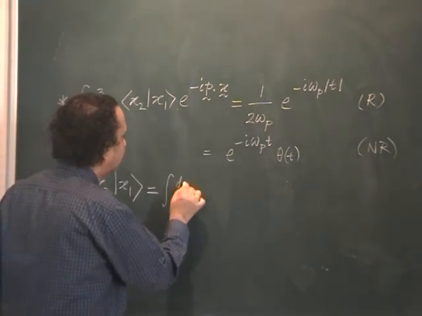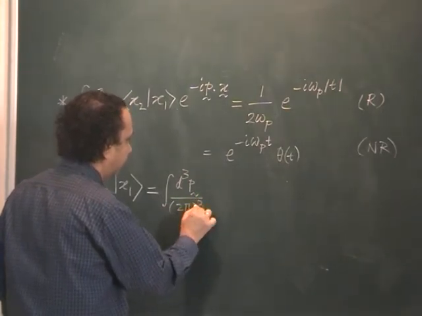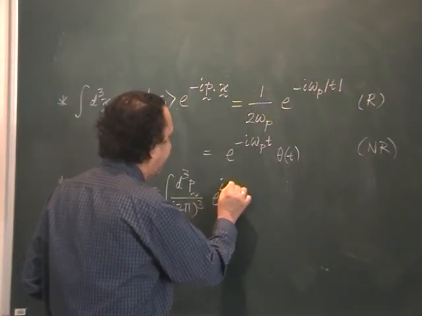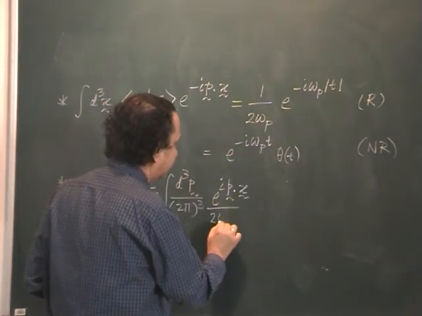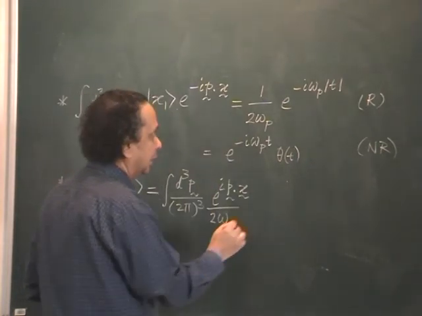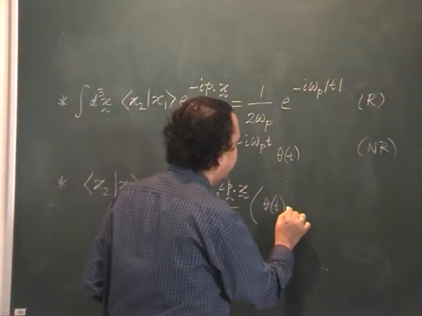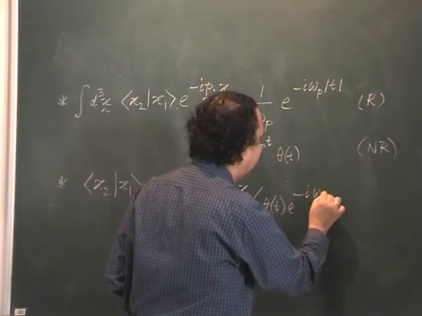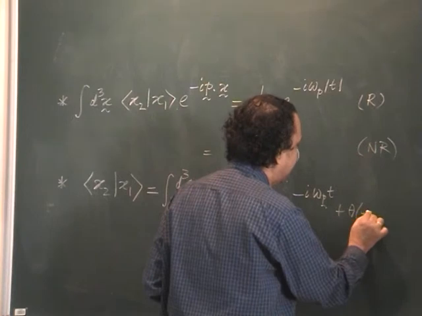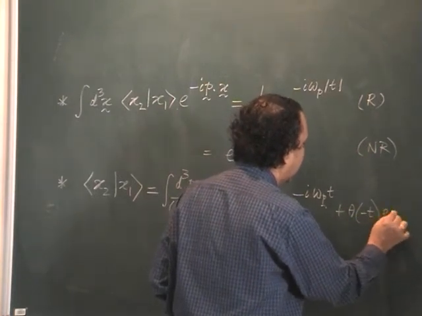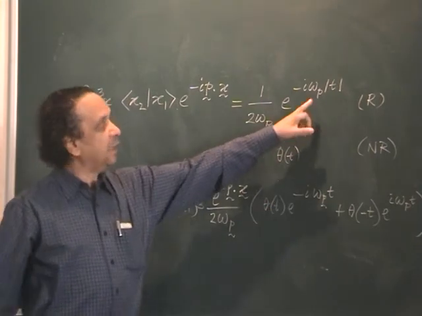It is integral over d3p upon 2 pi whole cube, e to the i p dot x, upon 2 omega p, times this e to the minus modulus of t, that can be written as theta of t e to the minus i omega p t plus theta of minus t e to the i omega p t. This is just expanding out the modulus.